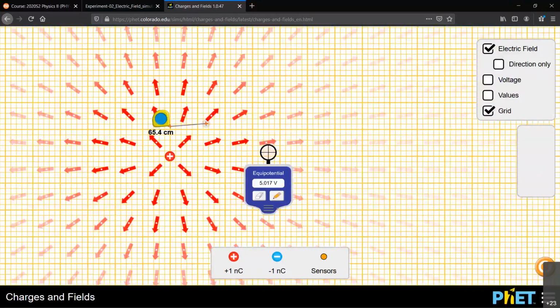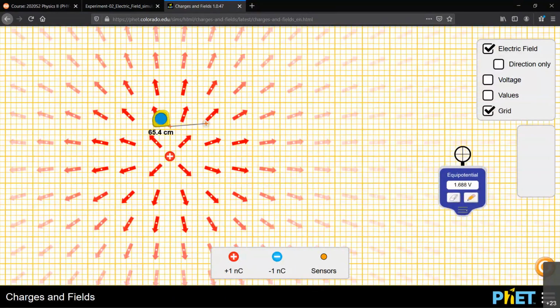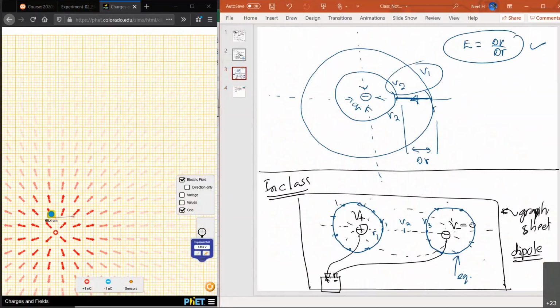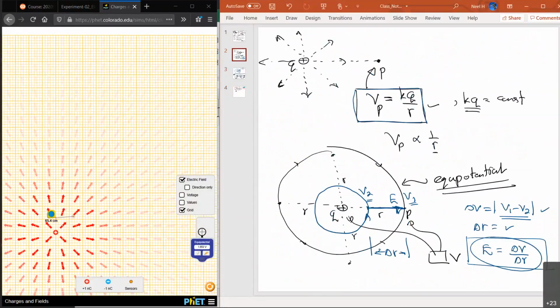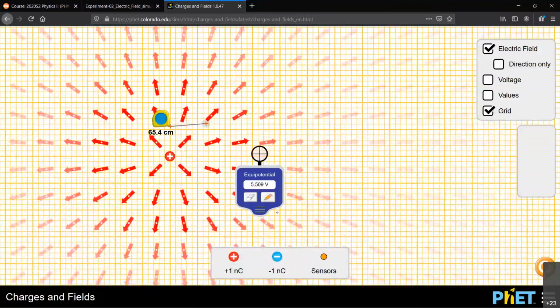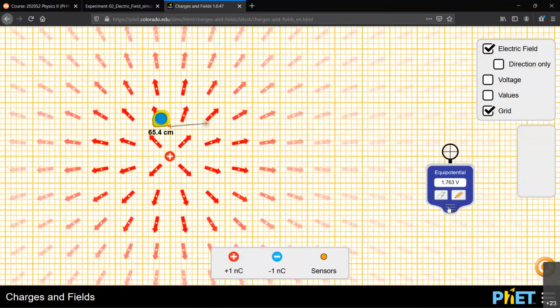If I go away, the potential decreases rapidly because the behavior of potential is 1 over R. See this equation, the potential decays like 1 over R, okay?